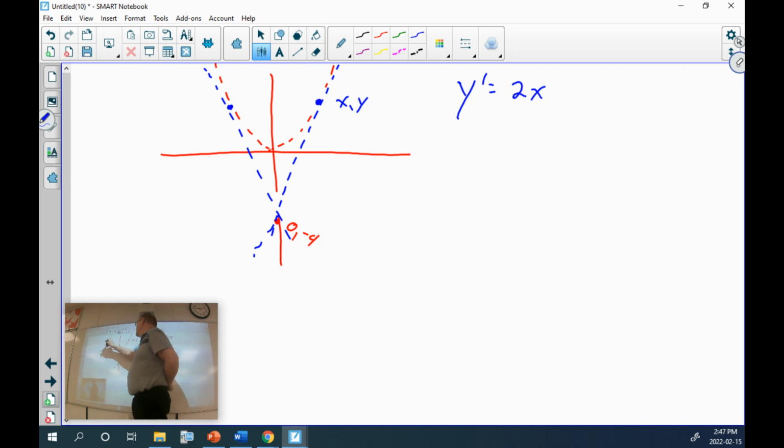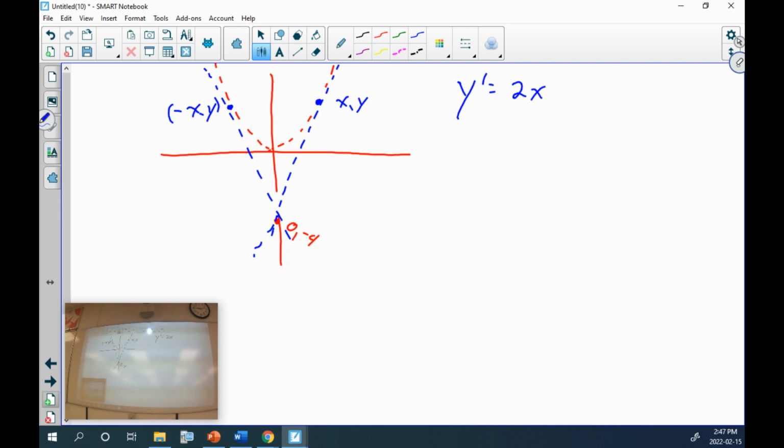This point over here will be negative x and y. Now, why did I put x, y, and negative x, y? What's so special about the parabola that I drew? It's symmetrical about the y-axis, right?